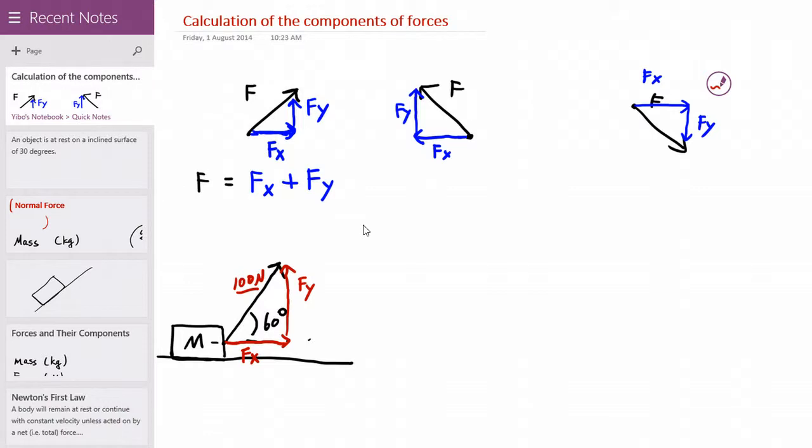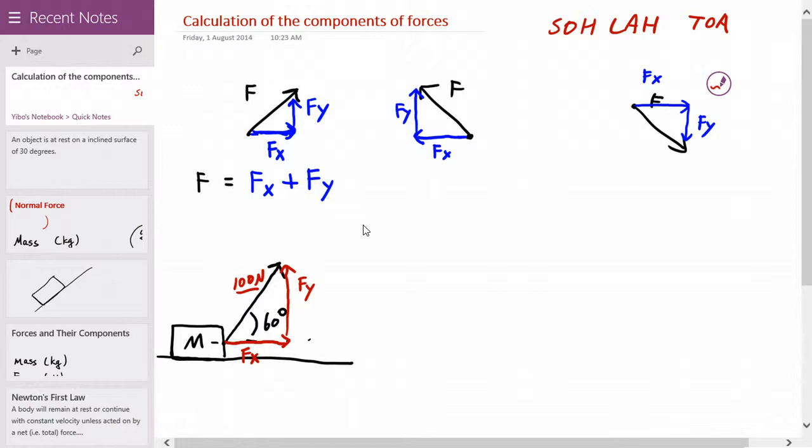Now here is the maths part. What we're going to do is use trigonometry, your so-called SOH CAH TOA equations with sine and cosine. However, just remember an easy, simple way. It just makes your life easier.